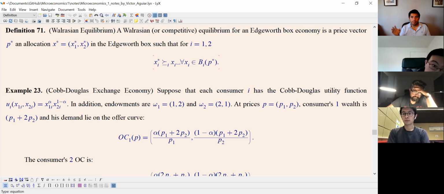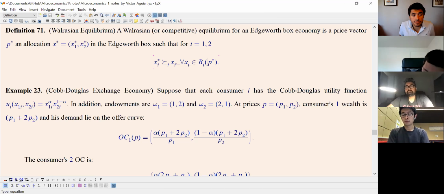Preferences right now are too general to ensure existence, okay? So when we add properties to our preferences, then we can ensure existence, okay? So the answer is, at this stage, we have no guarantee that there is existence. So is there any price at which there is a trade? And in fact, is there this mutually beneficial exchange in the Walrasian equilibrium, okay?